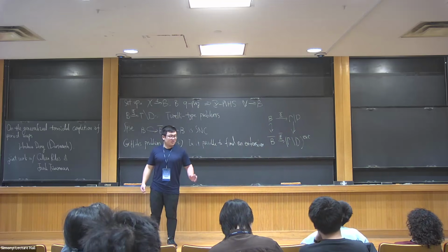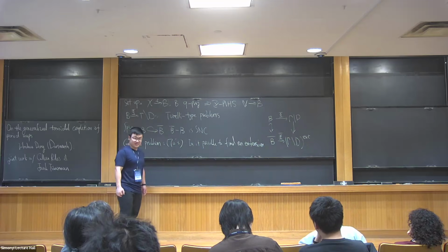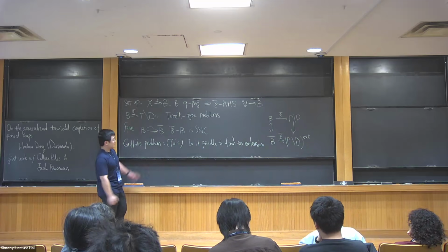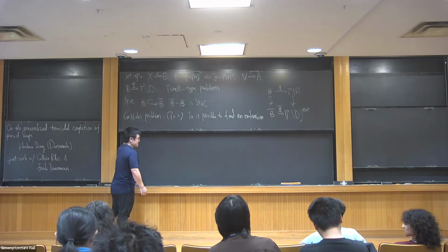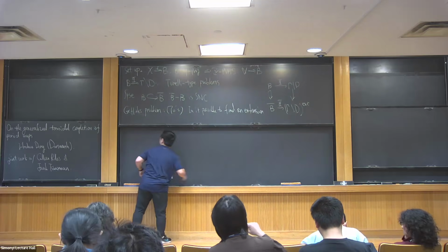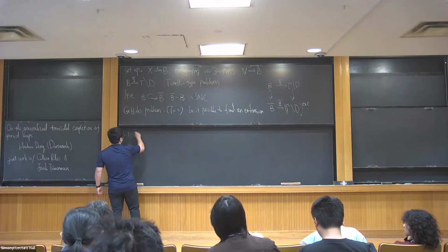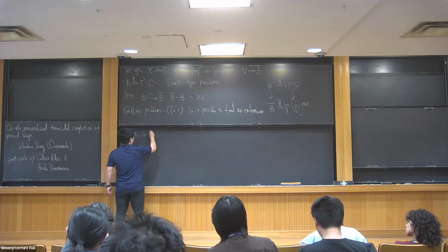We are not looking for an arbitrary extension, so we also require that this extension is good in the following sense. First, this phi bar is Hodge-theoretically good.